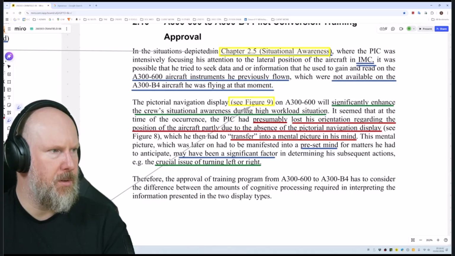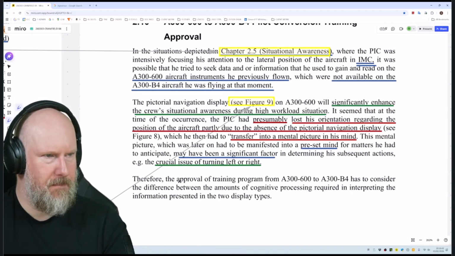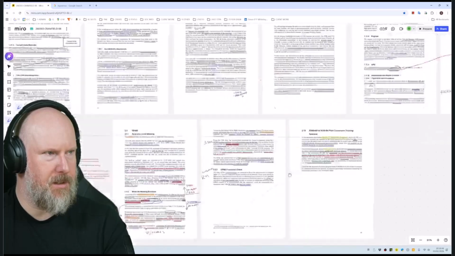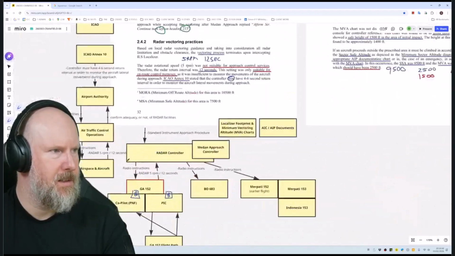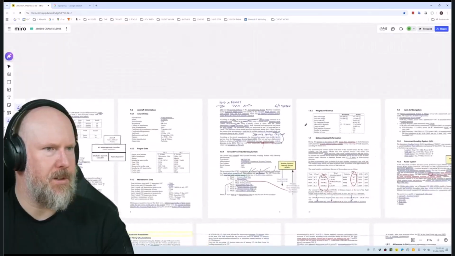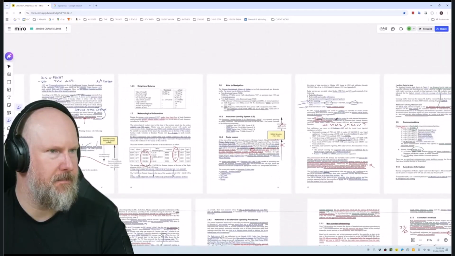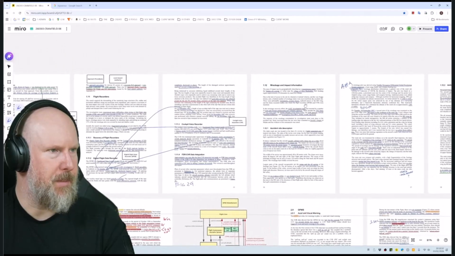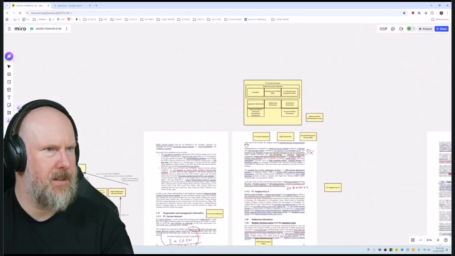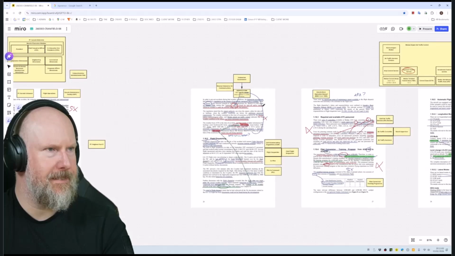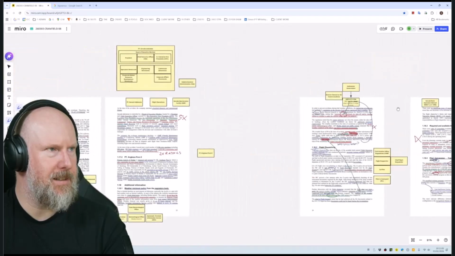Therefore, the approval of the training program, so let's just have a look a second. So we had, is it this one? No, it's not. There's another control structure we started building, which was about the different aircraft types. Where is it? Come on.